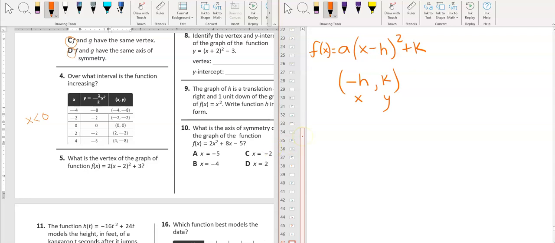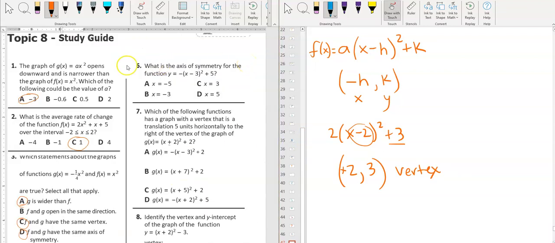If I look at the formula that they give us, 2 times (x minus 2) squared plus 3, h is -2, so the opposite of that is +2, and k is +3. So that's my vertex. Easy peasy.